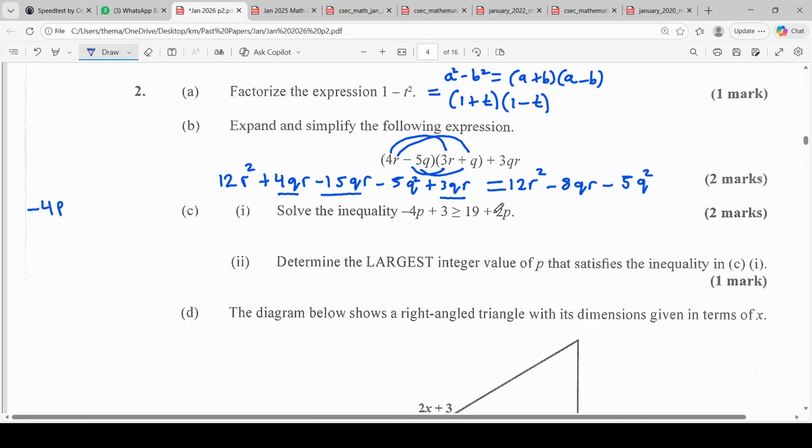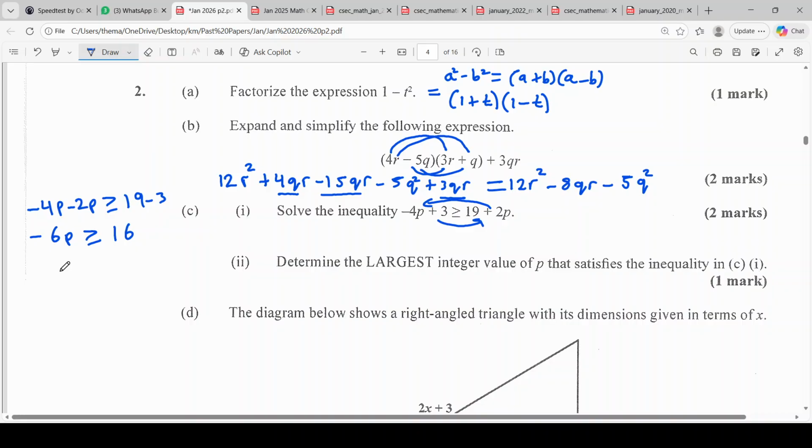We will bring this plus 2p across to that side, so that will become negative 2p greater than or equal to 19, and we will bring the plus 3 across to that side, and that will become minus 3. So negative 4p take away 2p is negative 6p greater than or equal to 19 take away 3 is 16.